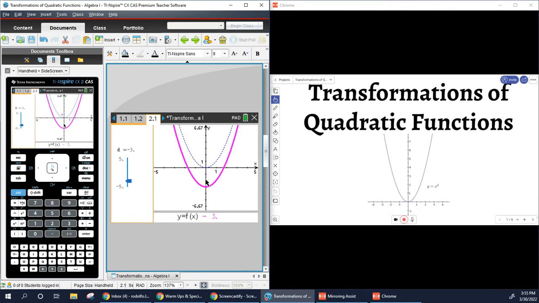We're going to move down 1, 2, 3 units. The vertex shifts down 3 units. The entire function will shift down 3 units when you subtract, and as you add, the function will move upward, however many units. You can do as much as you want. We're going to stop here at 4. Anyway, you get the picture.